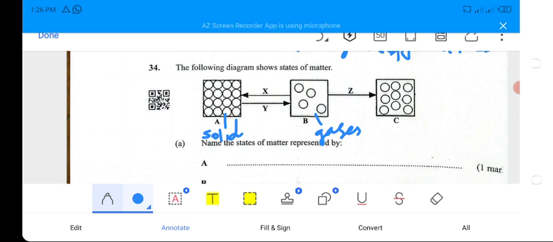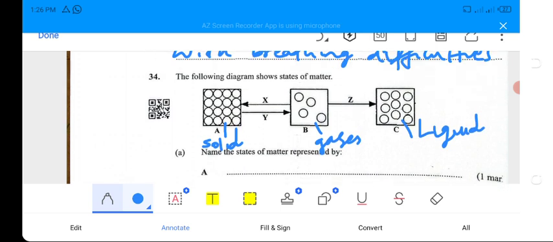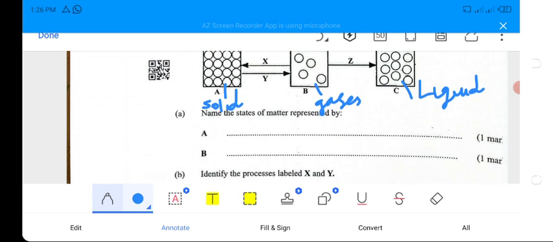They are not as closely packed as particles in solids, and they are not as far apart as particles in gases. So this one is liquids. So name the states of matter represented by A. As I've said, A is solid, B is gas.